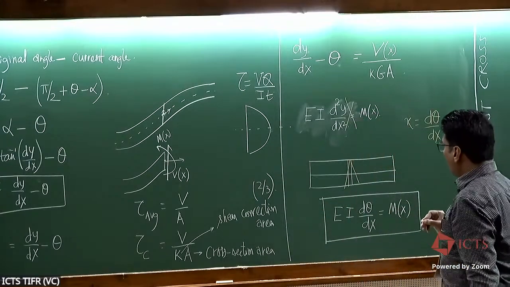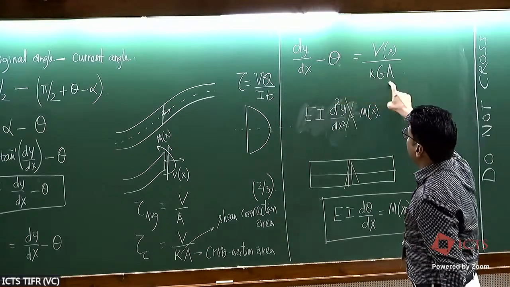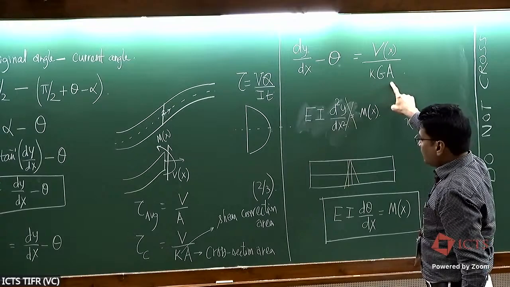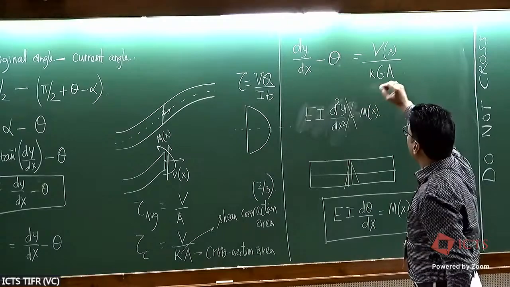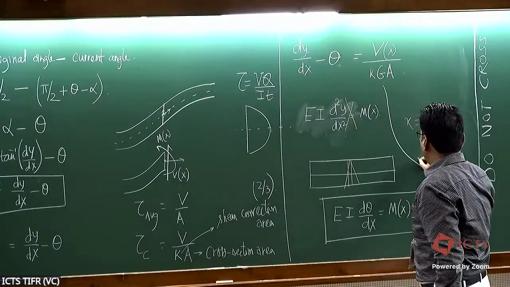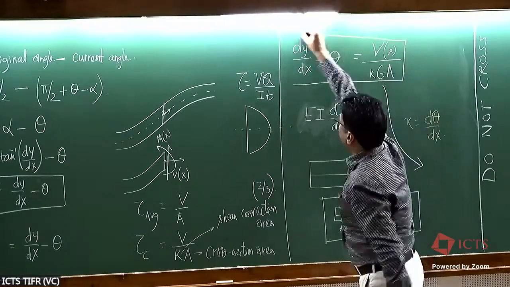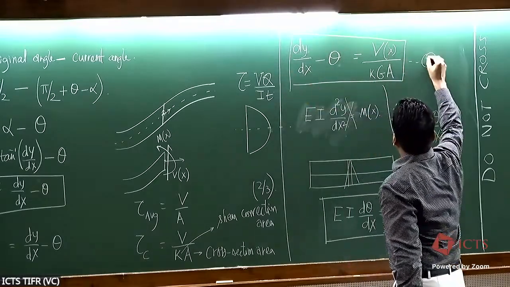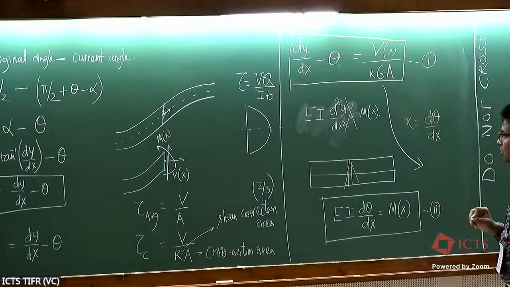And what you have to remember is that, as you see here, dy by dx minus theta is this. So d theta by dx, when you differentiate this, this is, by the way, equation number 1, and that's equation number 2, the two equations for Timoshenko beam theory.